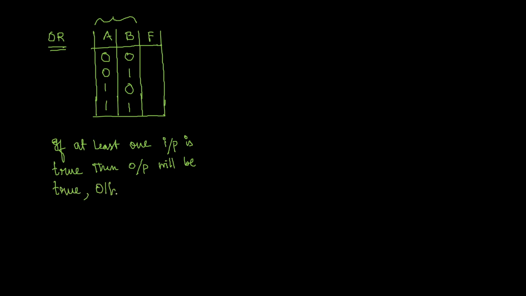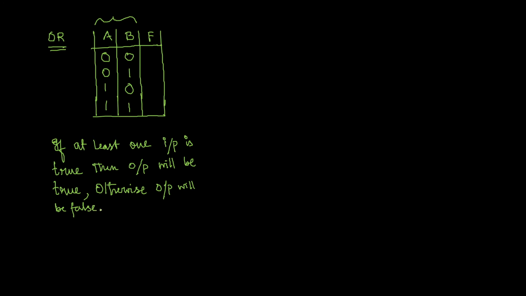And you see what the output F is actually saying for OR. It says that if at least one input is true, then the output will be true. Otherwise, the output will be false.